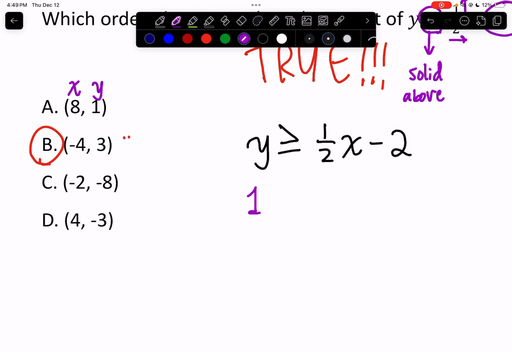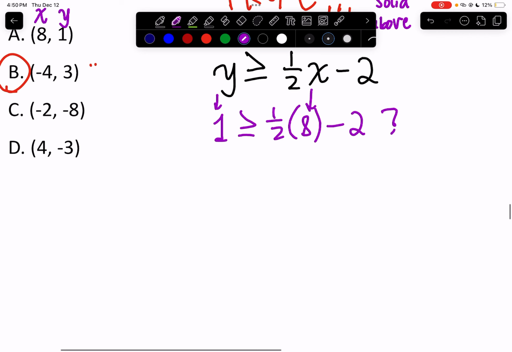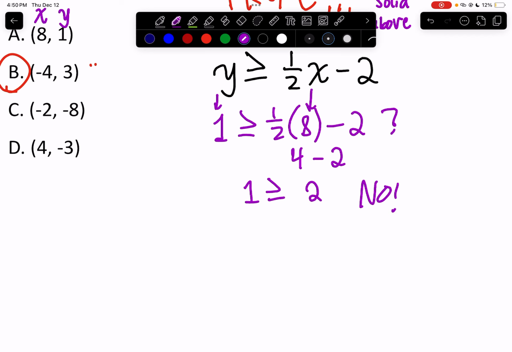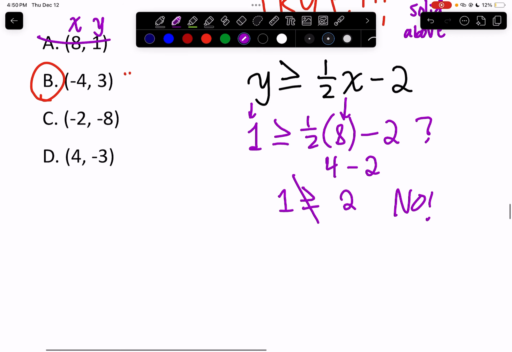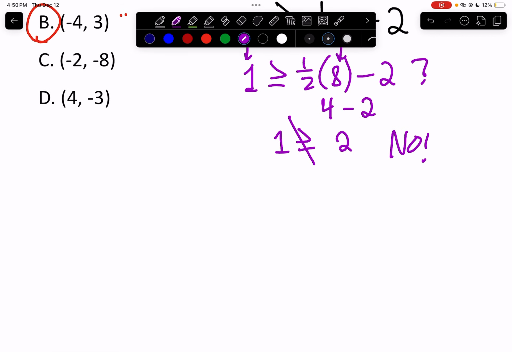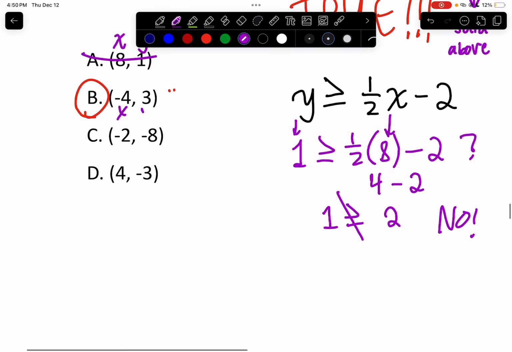Is 1 greater than or equal to half of 8 minus 2? Half of 8 is 4, minus 2 is 2. Is 1 greater than or equal to 2? No, it is not. This is false. Can't be A. You could keep repeating that with each of these xy pairs. Only one of these will have a true statement.